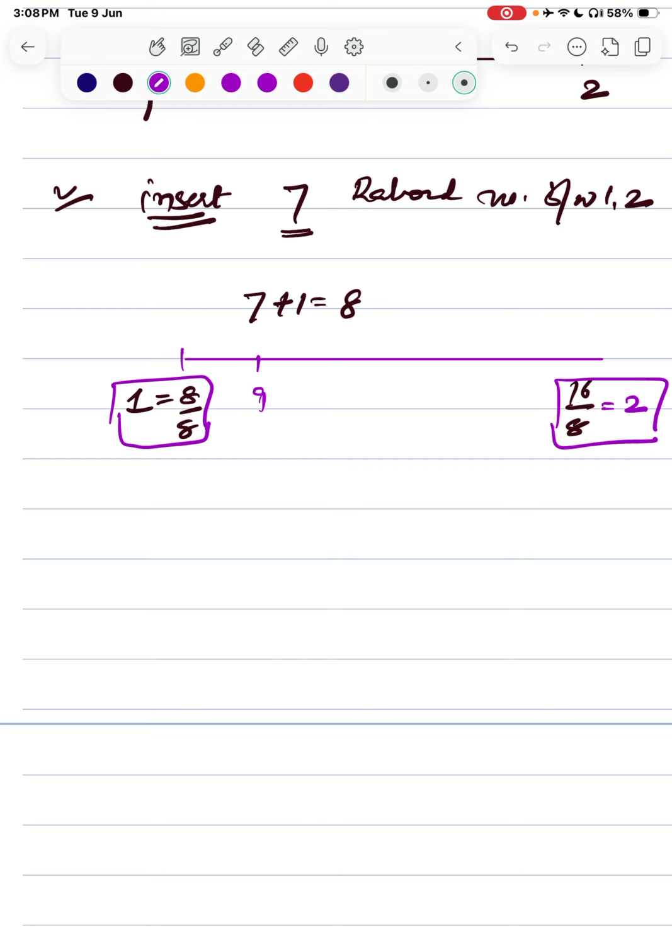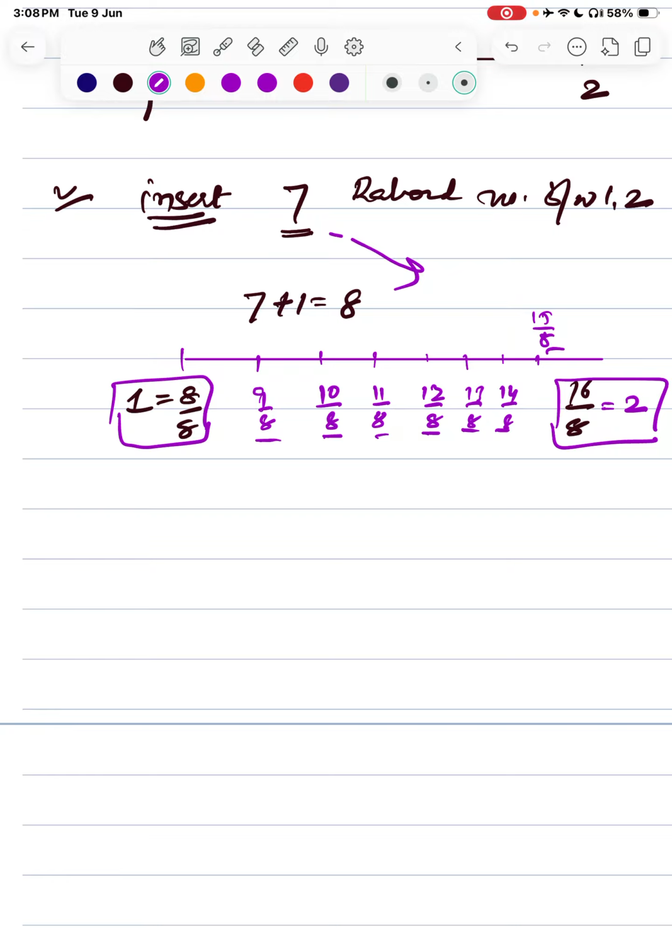So next numbers will be 9 by 8, 10 by 8, 11 by 8, 12 by 8, 13 by 8, 14 by 8, 15 by 8. So again, 1, 2, 3, 4, 5, 6, and 7 numbers. So you have inserted 7 numbers between 1 and 2.